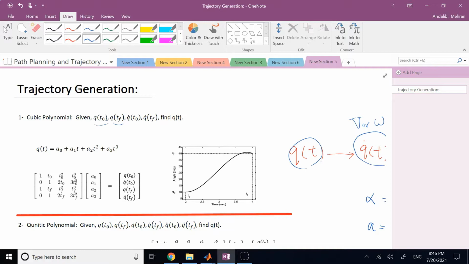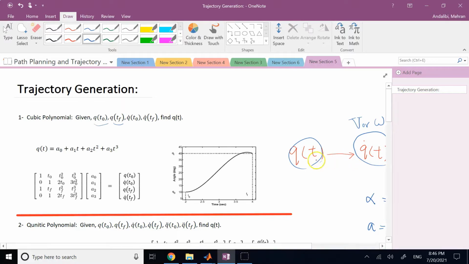60 over 2 pi is roughly 10. So 200 radians per second means 2000 RPM. Now, can your motor give you such RPM? Maybe, maybe not.